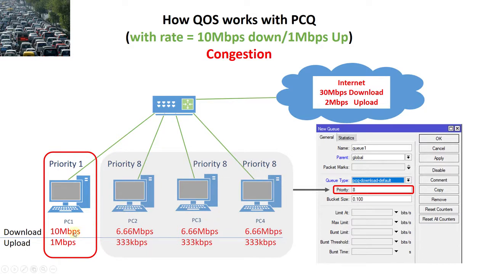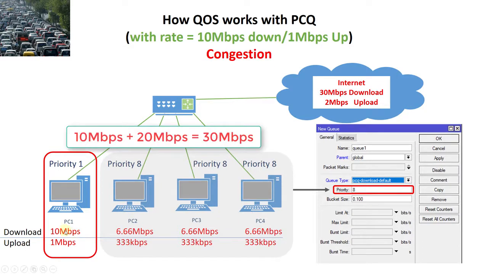So if you subtract 10 from the 20 megabits, you're left with 20, and dividing the 20, each computer will get a maximum of 6.66 megabits per second and 3.33 kilobits per second. So this is how QoS works with PCQ in a congested network.